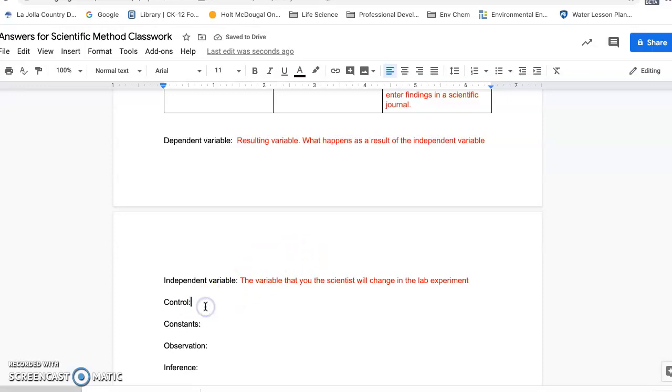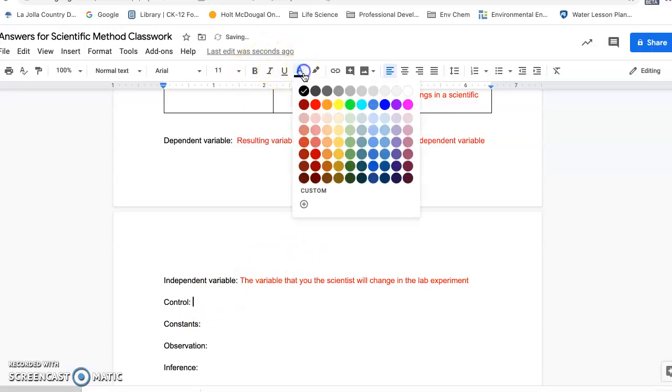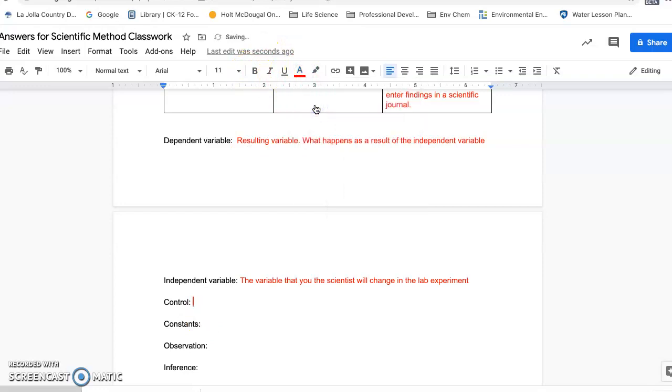The control, as you hopefully know, this is what you compare your results to, so your dependent variable.